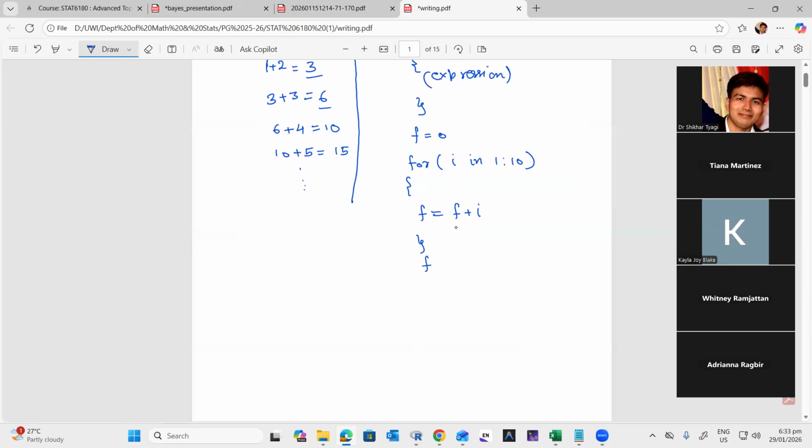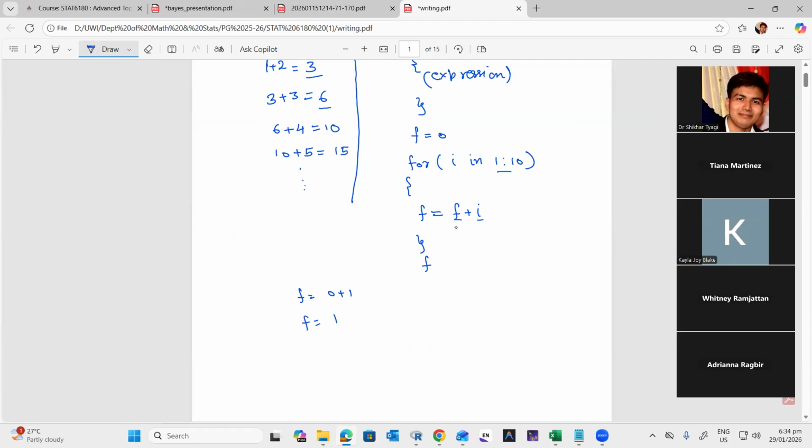If you see what I am doing here, first f takes the value 0, and 0 plus i, where i takes the value 1, so f is 0 plus 1. Then f equals 1, and it goes again.